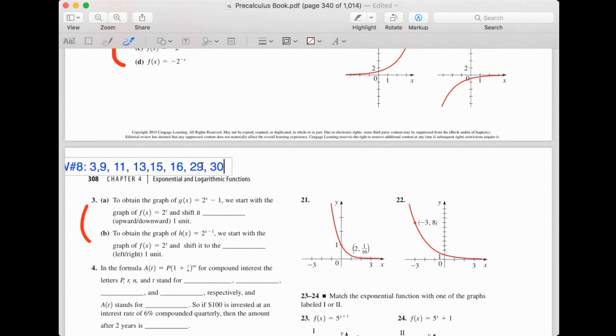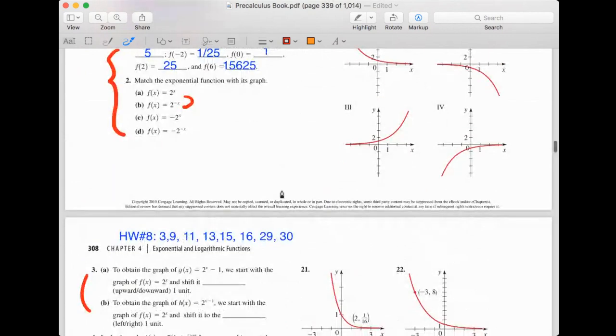So this is chapter 4.1, homework 8: 3, 9, 11, 13, 15, 16, 29, 30.